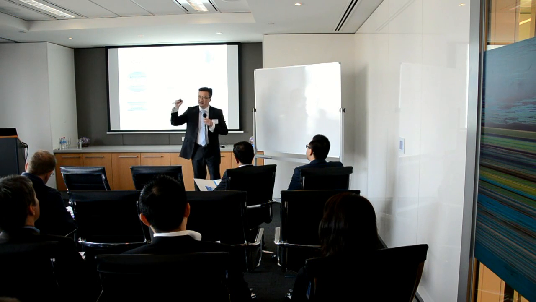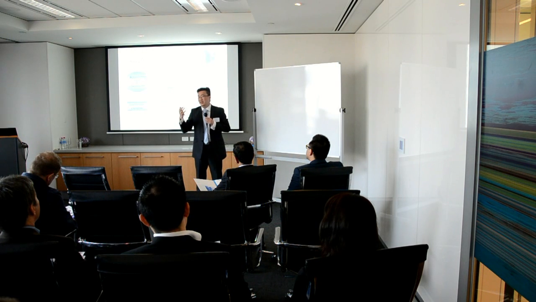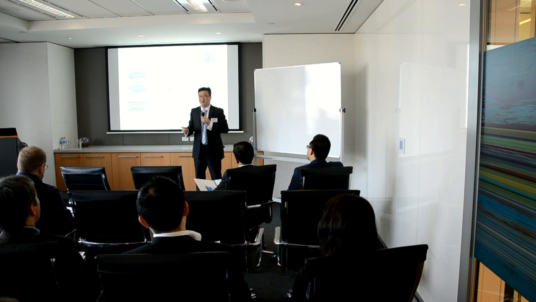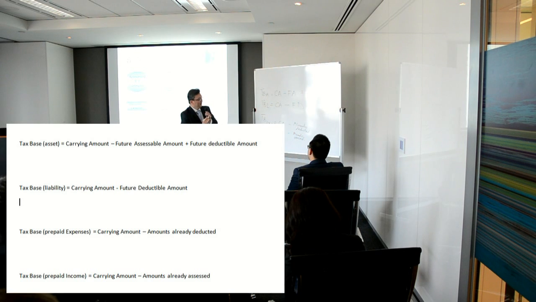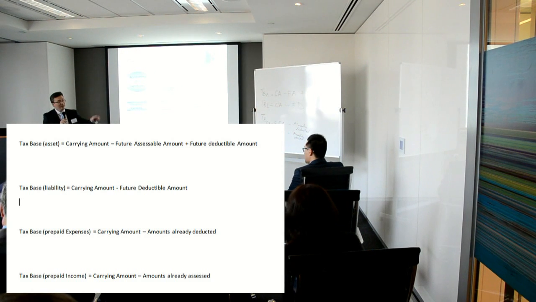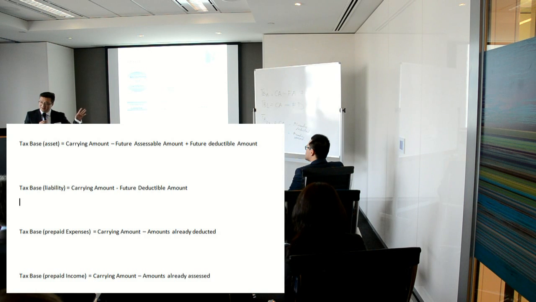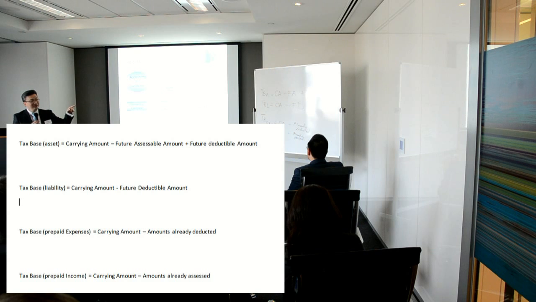Now, the second thing that I want to discuss is some formulas to work out the tax base of assets and liabilities if you do want to check them. The tax base of an asset, if you want to check the calculation, is whatever you start with, the carrying amount, whatever is sitting on your balance sheet, minus the money that you're going to get from that asset, which is the future assessable amount, plus any future deduction that you're going to get.